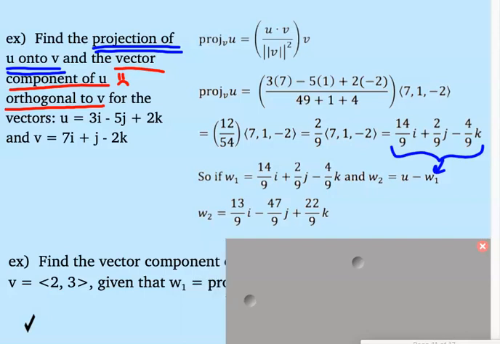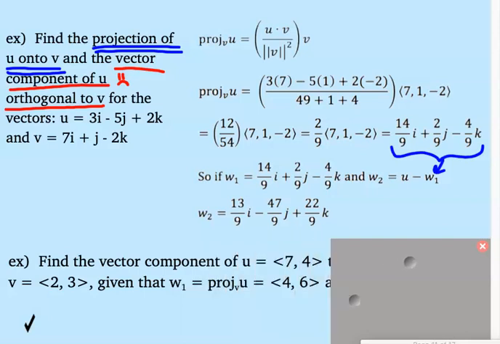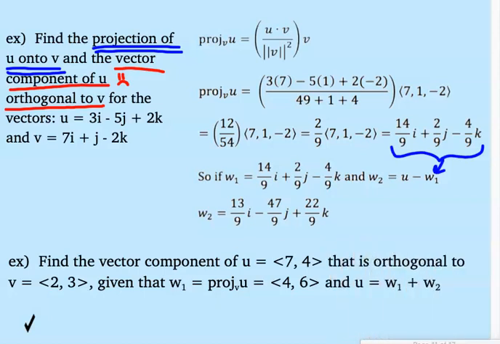All right. Second question. Find the vector component of u that is orthogonal to v, given that W sub 1, the projection of u onto v, is 4, 6, and u is W1 plus W2. All you're actually doing is subtracting. This is just checking to see if you know that the two orthogonal components add together to give you your original vector.